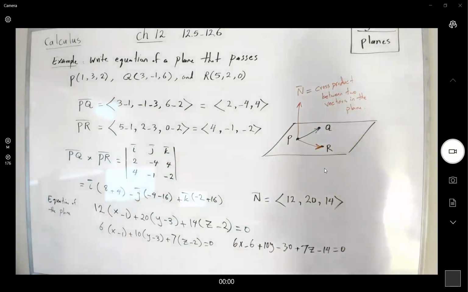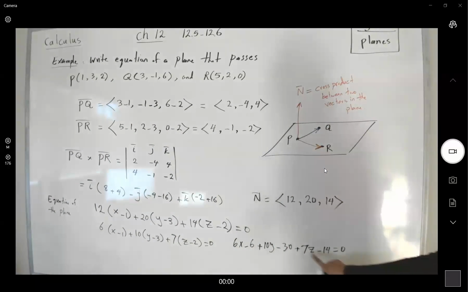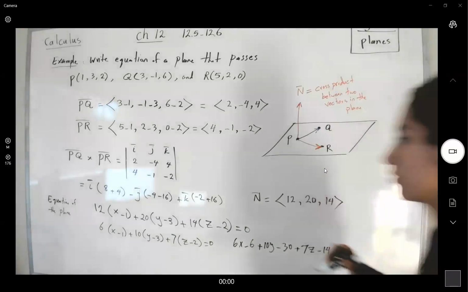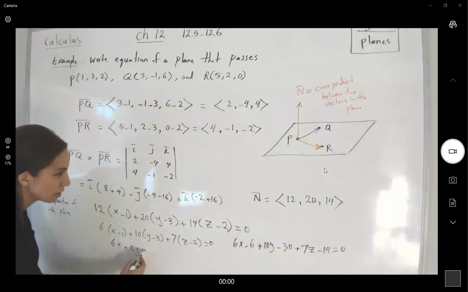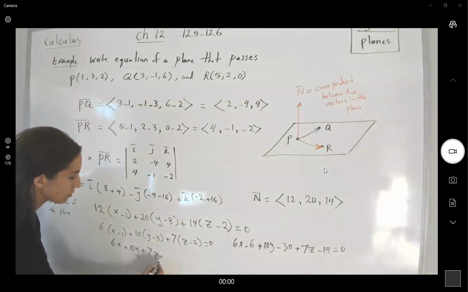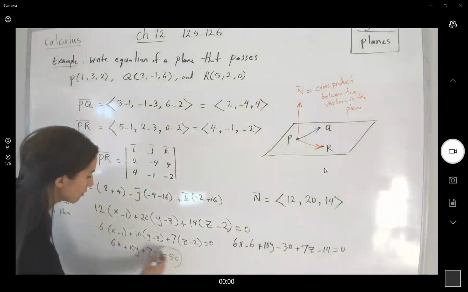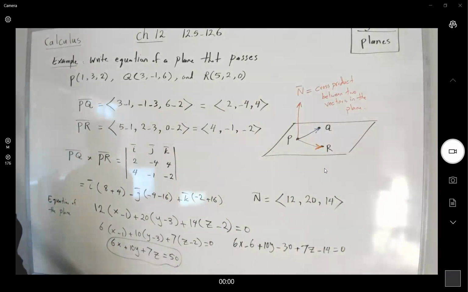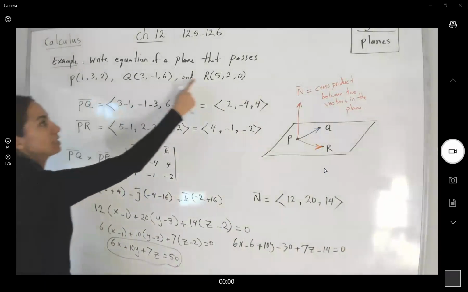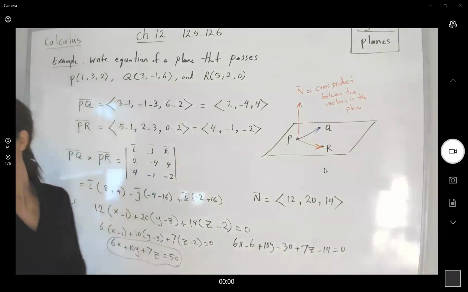So here we have negative 20, negative 50. You get 50 back on the other side. So you have 6x plus 10y plus 7z equals 50. This is the equation of the plane passing through these 3 points.